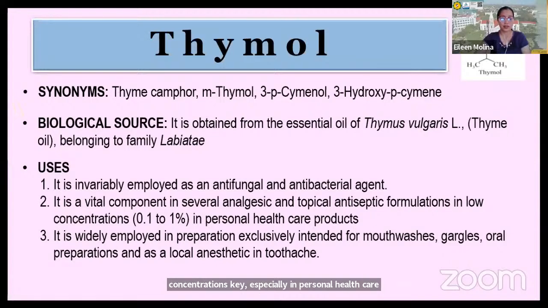So I also have included here its pharmaceutic use in mouthwashes, gargles, and oral preparations. So you may find thymol in your mouthwashes, gargles, and other oral preparations, especially if there is a local anesthetic action in the management of toothache.